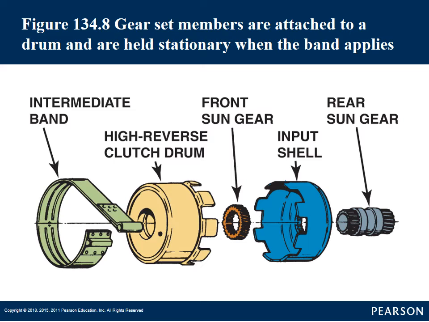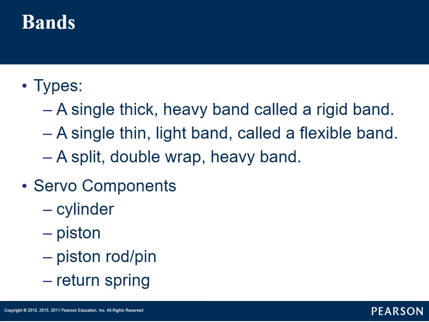Types of bands. We have a rigid band, which is just a single thick heavy band. We have a flexible band, which is a single thin light band, and then a heavy band, which is a split double wrap band. The heavy band is going to have the most holding power.